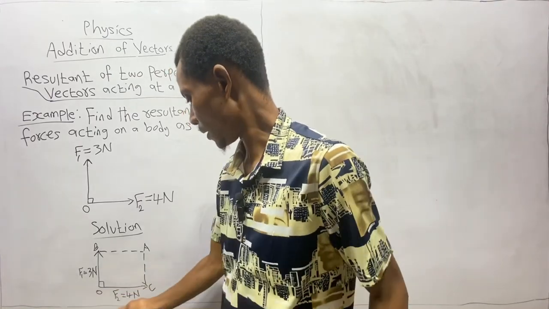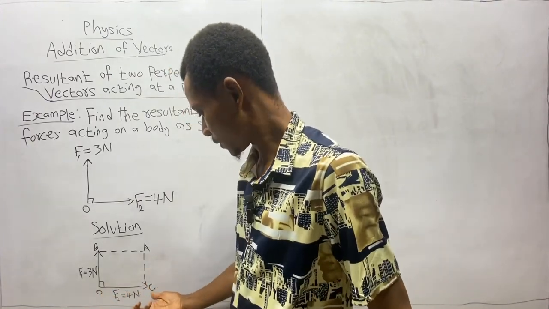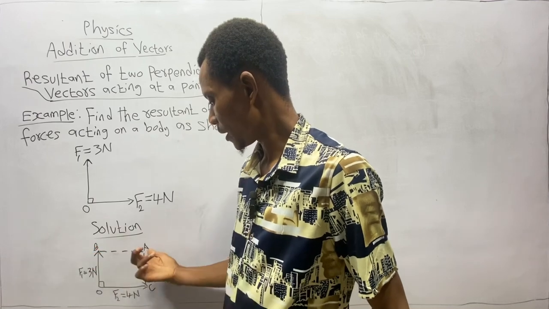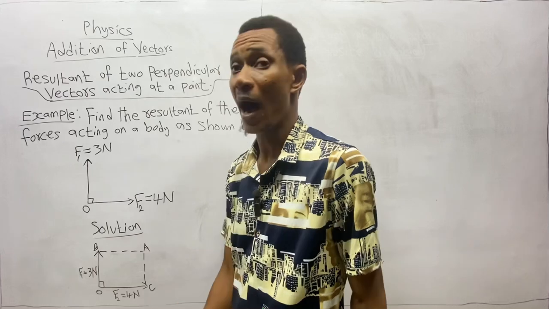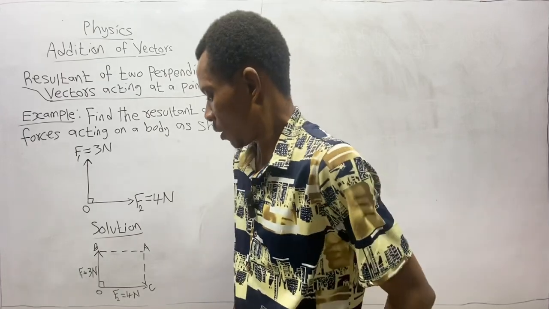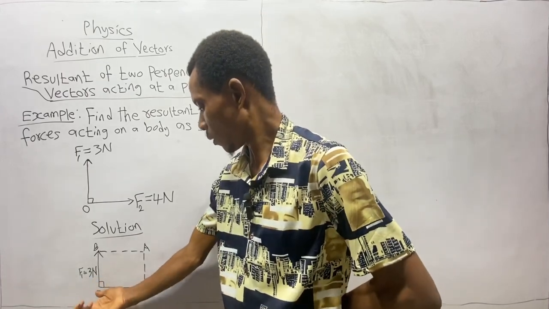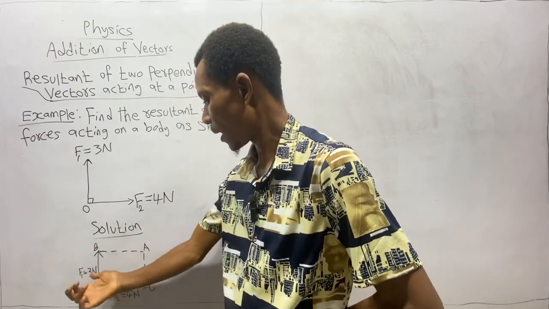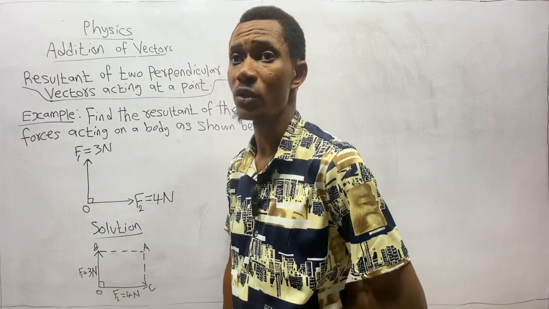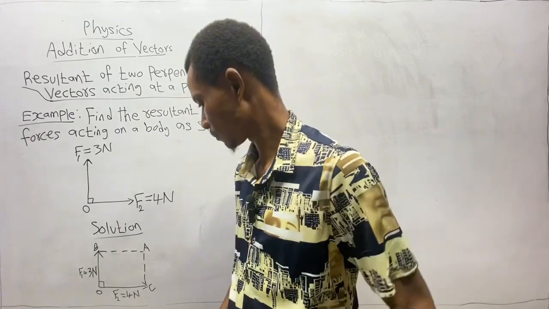So therefore, side OC and side BA are parallel sides, and these two parallel sides are also equal. Also, OB and CA are parallel and also equal.